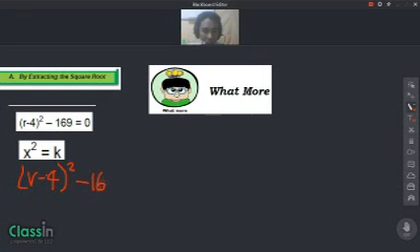We're going to zero out the negative 169 so that what remains is r minus 4 quantity squared. We will just add positive 169.